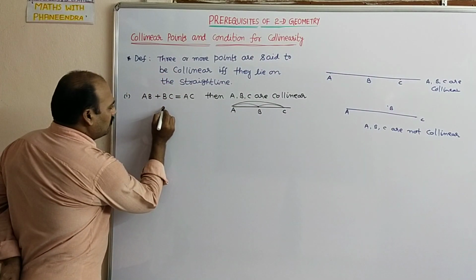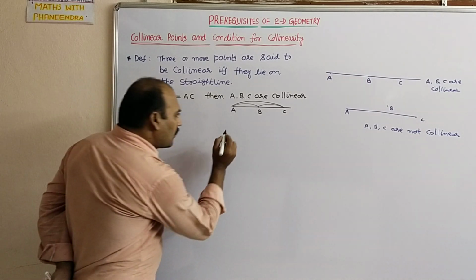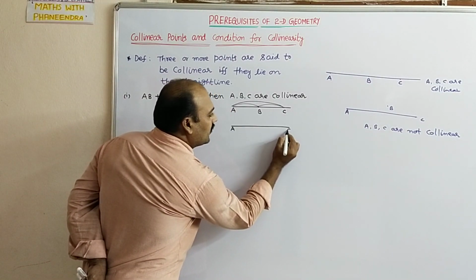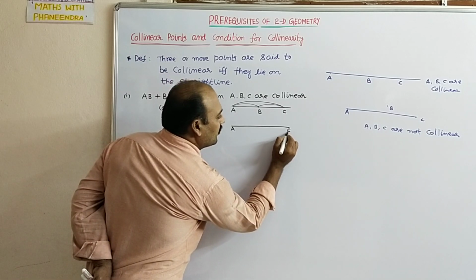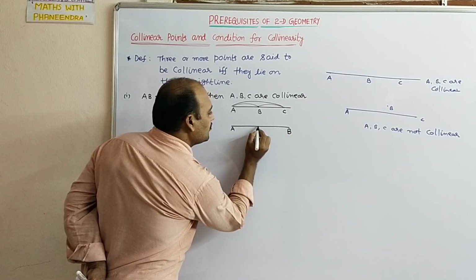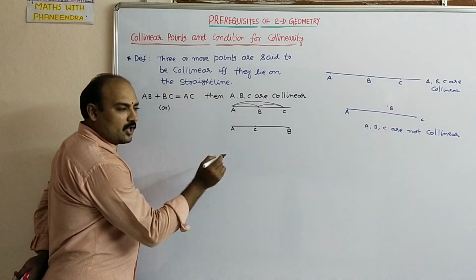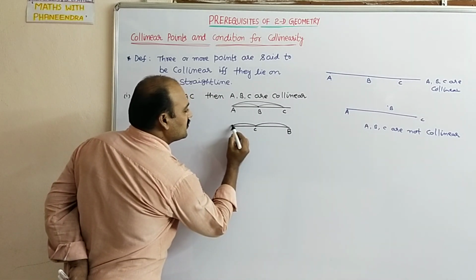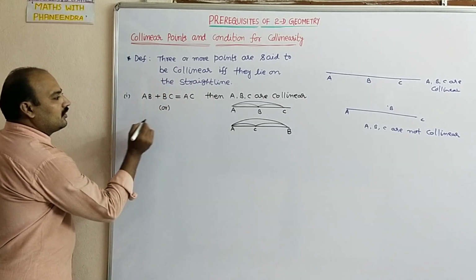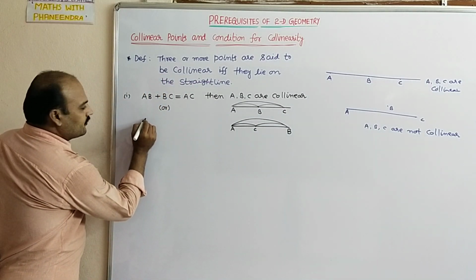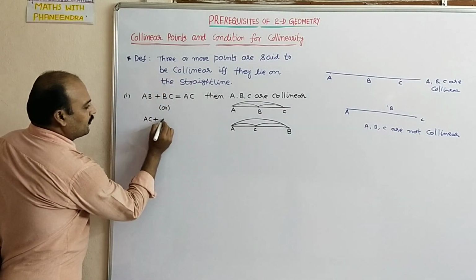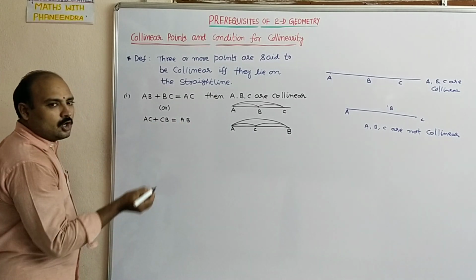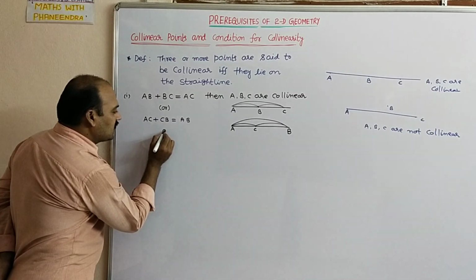Or suppose the format is like this: A, B and here C. If the format is like this, AC plus CB is equal to AB. Not only this case, we can write like this also.